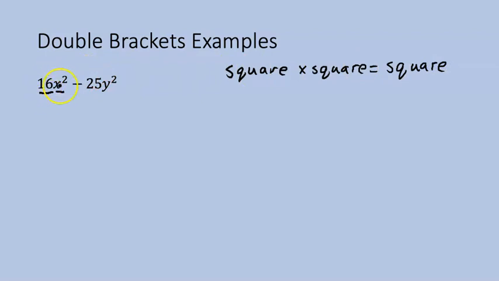So 16x squared is a square number. 25y squared, 25 is square, y squared is square. So therefore, it's a difference of squares, which means I can use the trick.